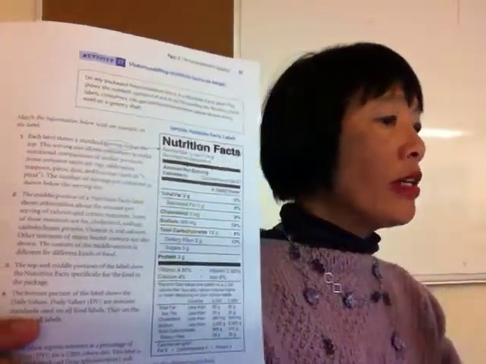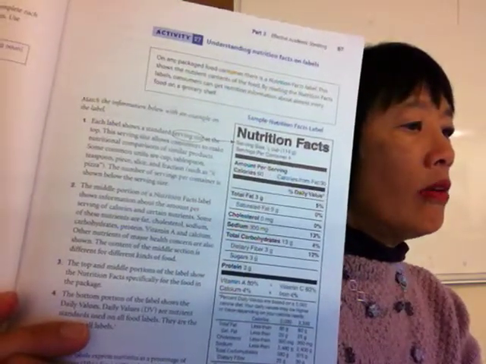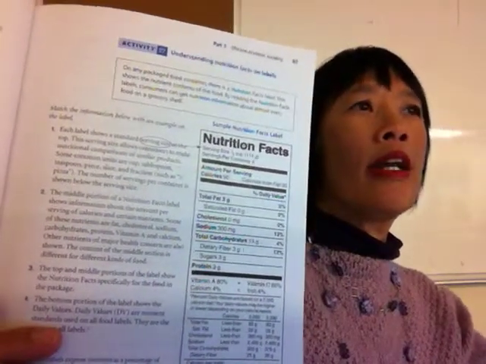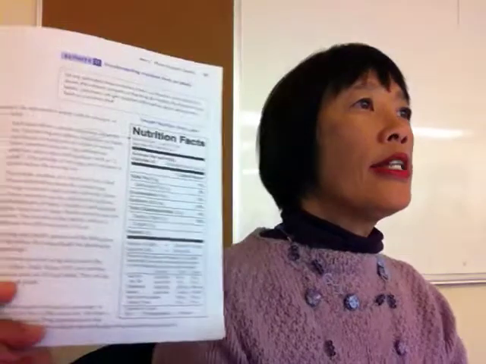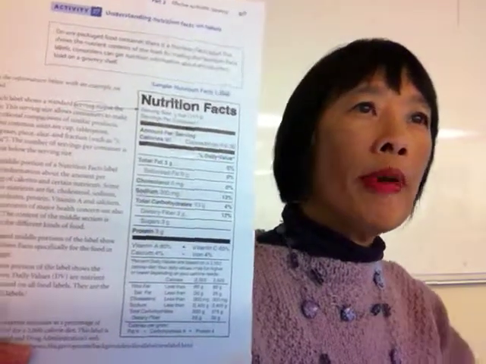So sometimes when you look at packaged food, you can look at it and say, oh, this one has too much sodium, I'm going to try another brand. For example, here's one I'm looking at right here, and this one is 120 milligrams of sodium, which is lower, okay? So you can look at the labels to find out and be able to choose the foods that you think are better for you.